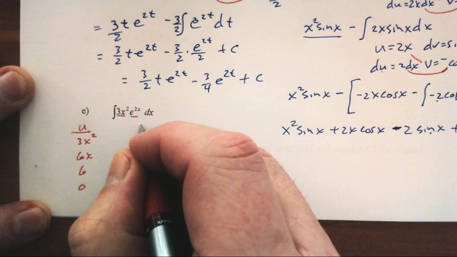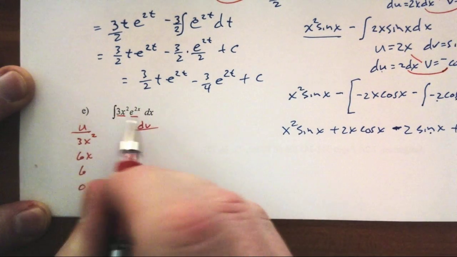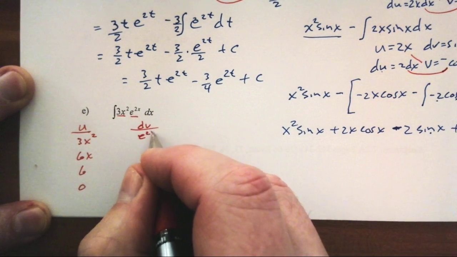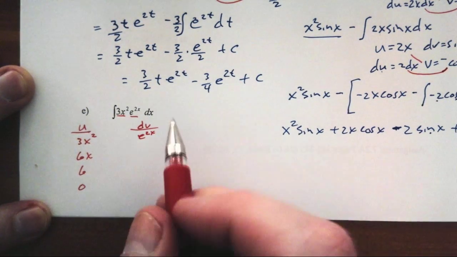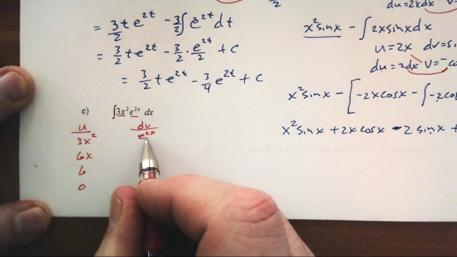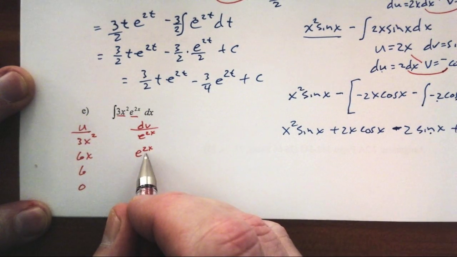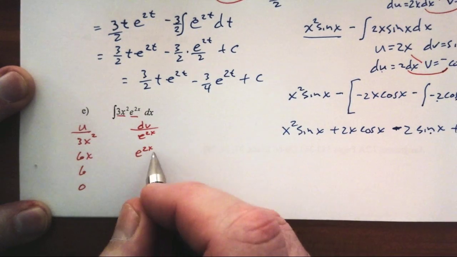Basically, my dv is going to be e to the 2x. Now, it's going to be dx on there, but I'm not going to write the dx down. So, the first integral of e to the 2x, well, it wants to be e to the 2x, but e to the 2x's derivative is e to the 2x times 2. I don't want times 2.